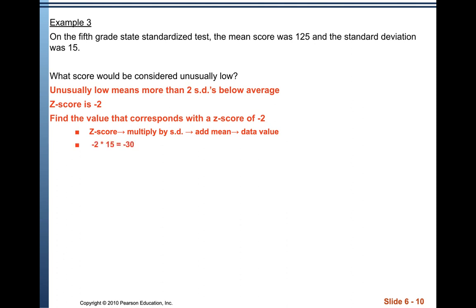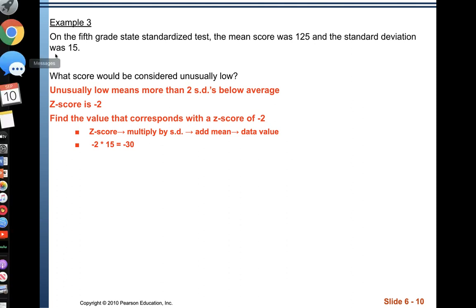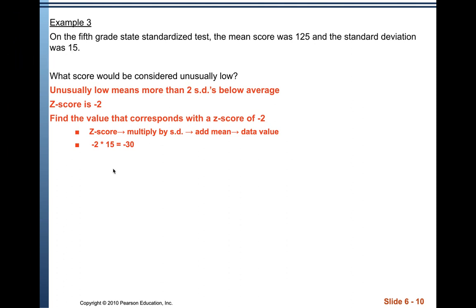We take the z-score, in this case -2, multiply it by the standard deviation, and we get -30. Then we add the mean, and we get 95. So any test grade of 95 or lower would be considered unusually low.